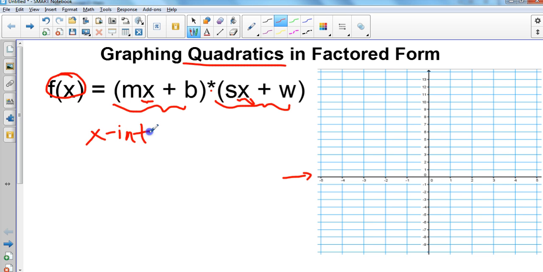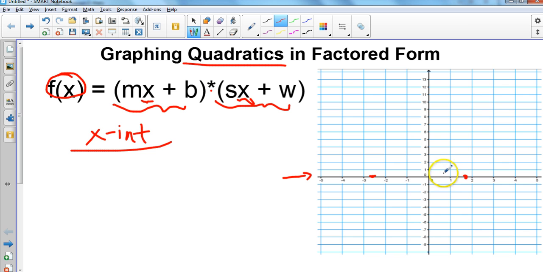Now, why the x-intercepts are important is because let's say we found one here and we found one, say, here. Remember that these 2 points have the same output. We get out 0 when you put in these x values. Okay? Therefore, they're reflection points of each other.